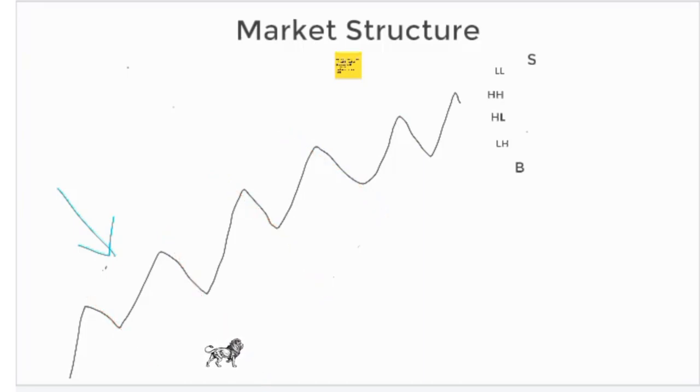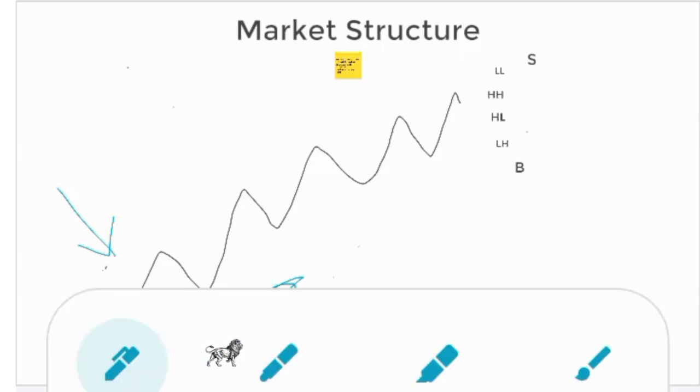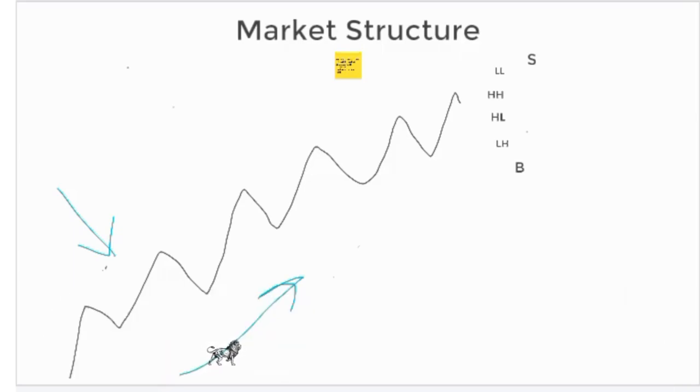Now, the part of the market that later moves upward after retracing is regarded as the impulse move. So the up movement after retracing, which is the actual movement of the market, is known as the impulse move.